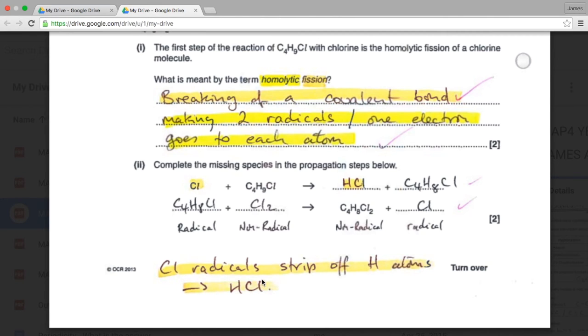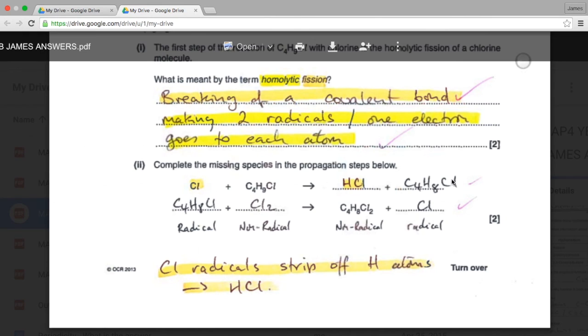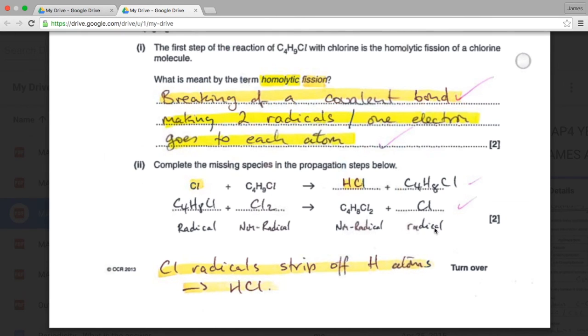And another reminder, when chlorine radicals are involved in these reactions, they strip off hydrogen atoms to make HCl molecules. So that chlorine radical is going to strip out 1 hydrogen and form HCl. So the leftover, the remainder of that is going to be C4H8Cl now. So there's your other product. So that would be your new radical there.